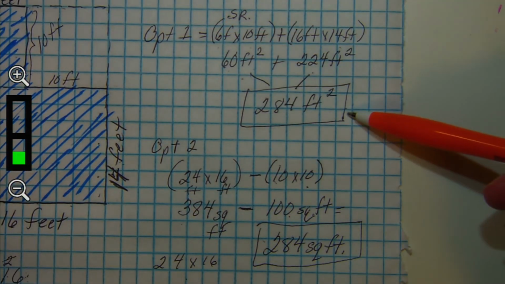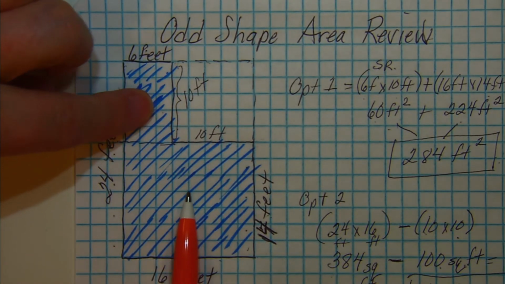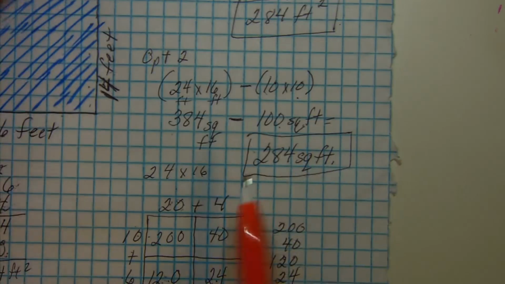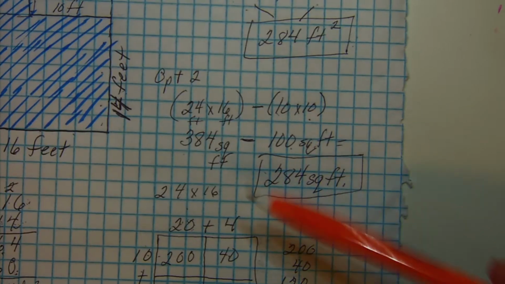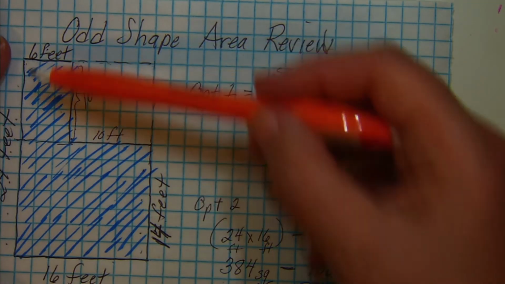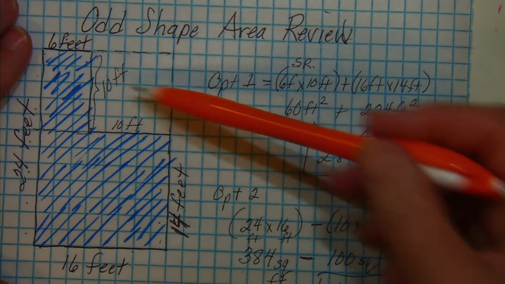Option 1 got us 284 feet by adding up the areas of the two individual rectangles. And option 2 also got us 284 feet. And that was creating a larger whole rectangle and then subtracting the empty space from the whole.